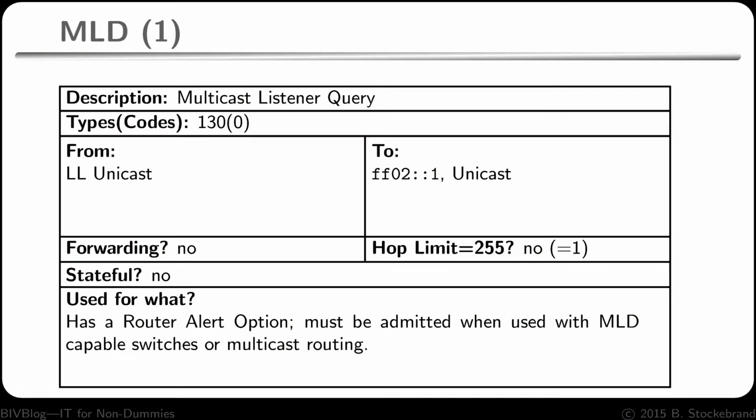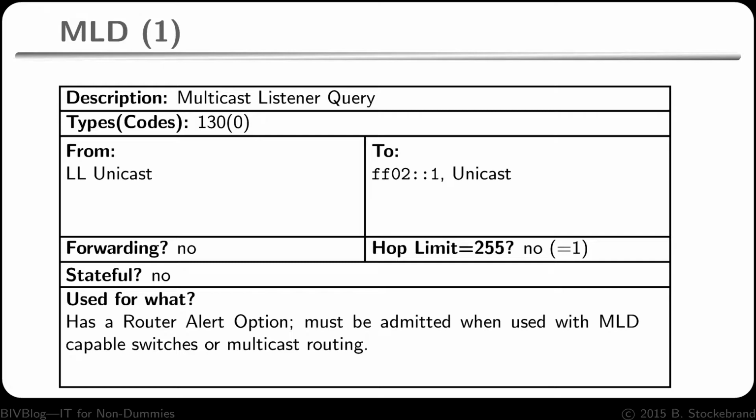First off, we start with multicast listener discovery. Why? Well, why not? So here it is. First thing we have is multicast listener query, ICMP type 130, and it's only sent from link local multicast to either the all nodes link local multicast address or unicast. Both of them are possible.